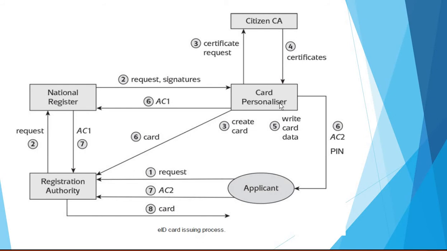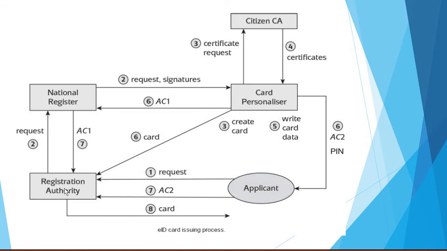Now the authentication information along with the PIN number will be sent to the applicant. The same information will be sent to the registration authority also. That card will be transferred to the registration authority, and the authentication information will be sent to the national register.